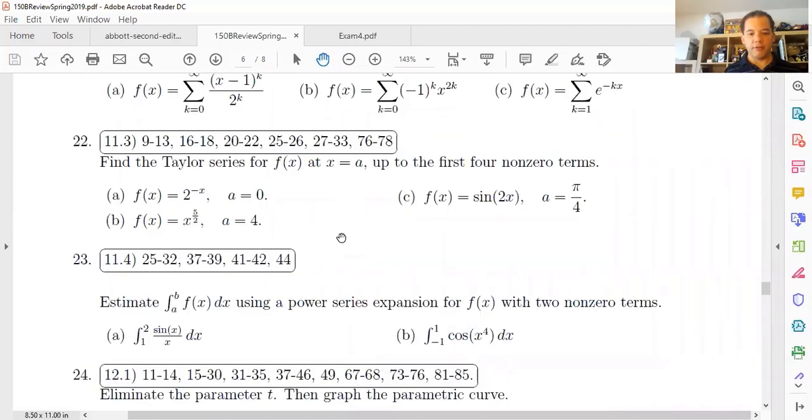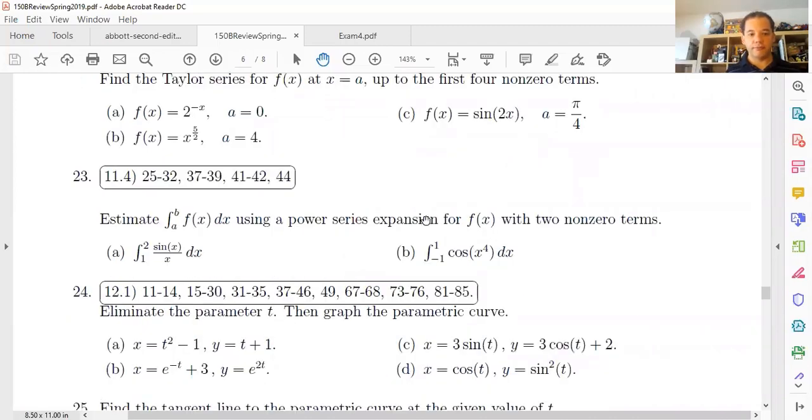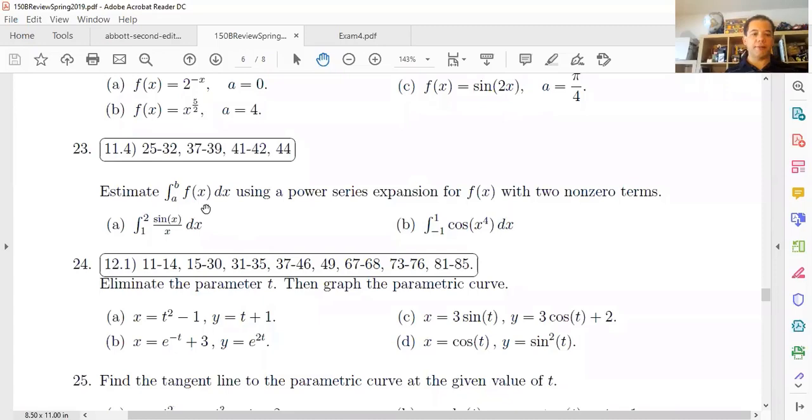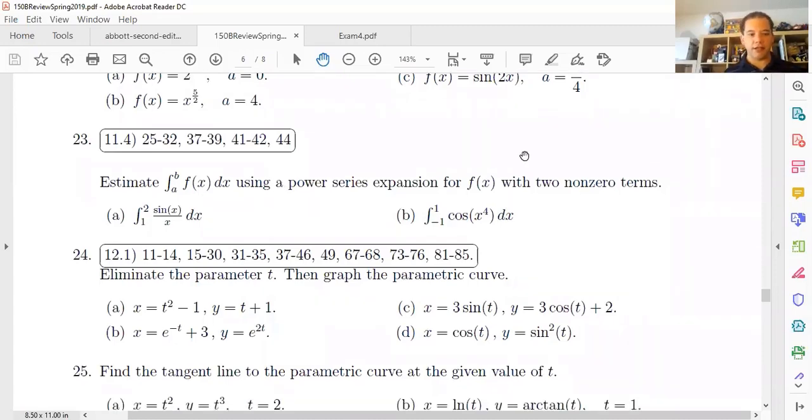We can now use power series to evaluate things that we couldn't do before, and an example of this would be this number 23. We had a problem like this in our exam, and most of you did it quite successfully. So let's do it. For example, 23a: we want to integrate from 1 to 2 sine x over x.